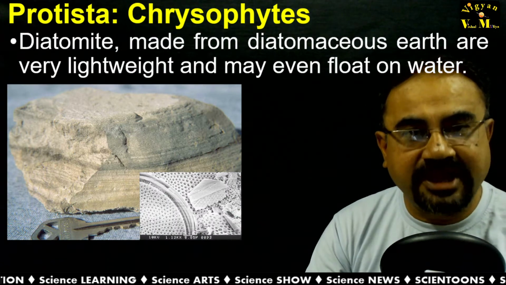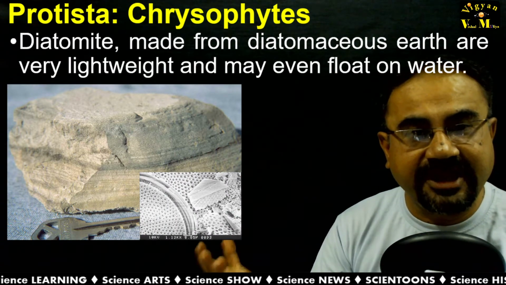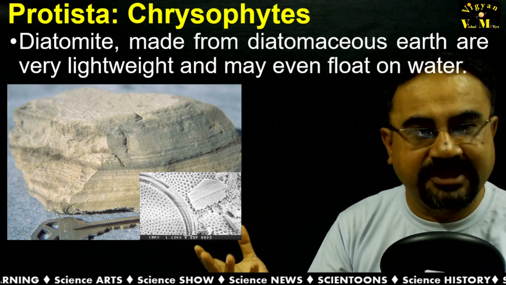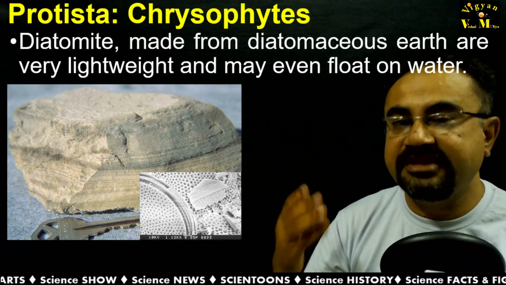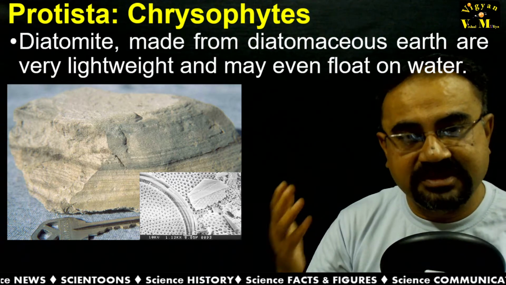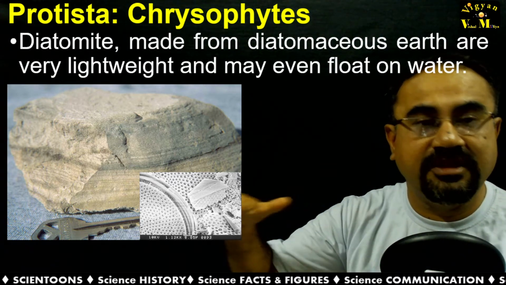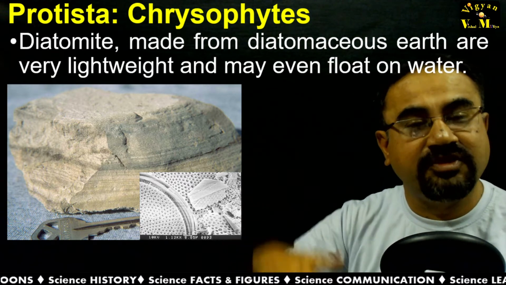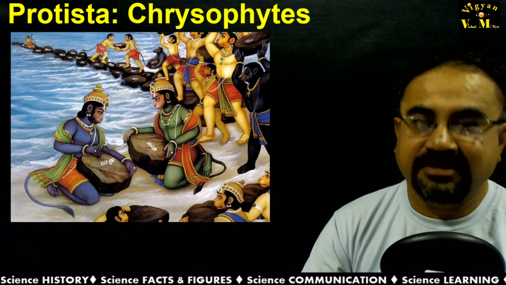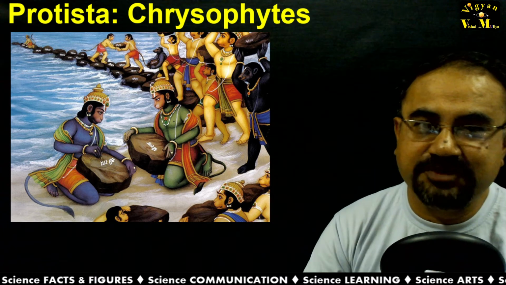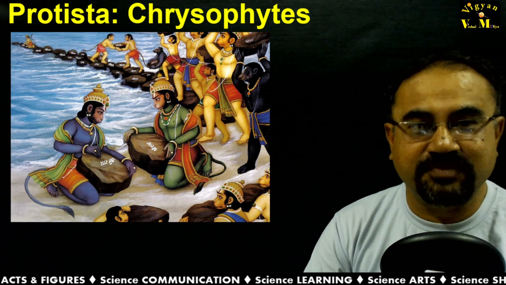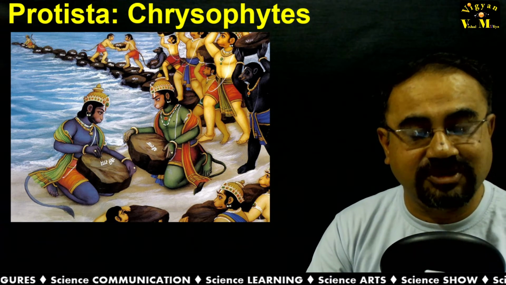Diatomite made from diatomaceous earth is very lightweight. You can even make bricks from it, which are lightweight and inert. This lightness helps them float on water. You can correlate it with the Ramayana, where the bridge between India and Sri Lanka was made with the help of such stones.